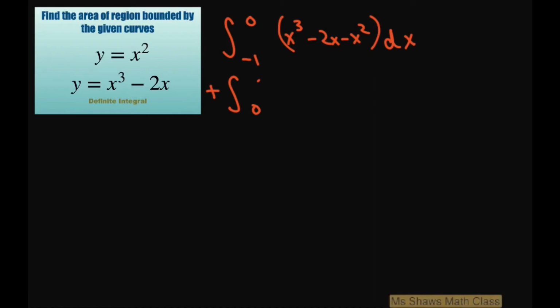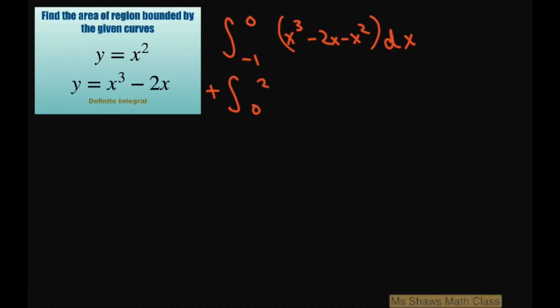For the shaded region, we're going to have the integral from negative 1 to 0 of x cubed minus 2x minus x squared dx. And the other one we're going to add, that was 0 to 2.